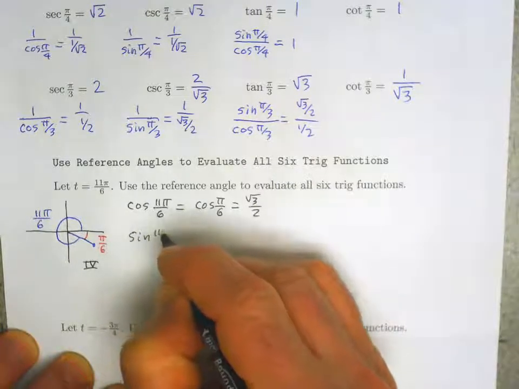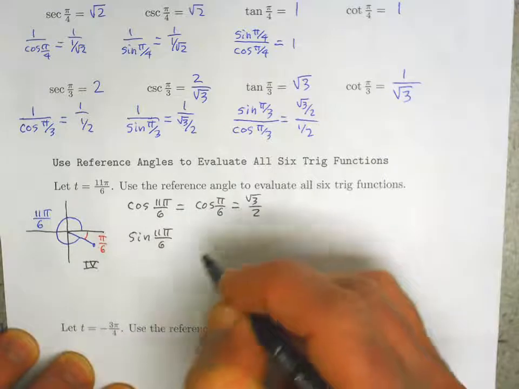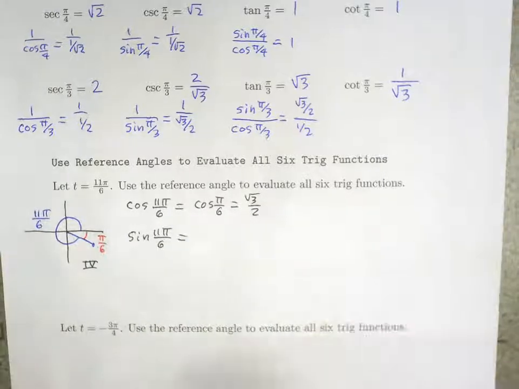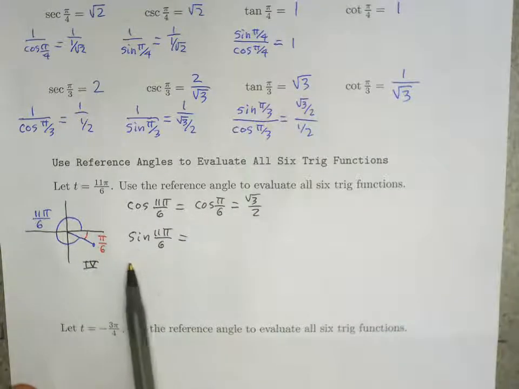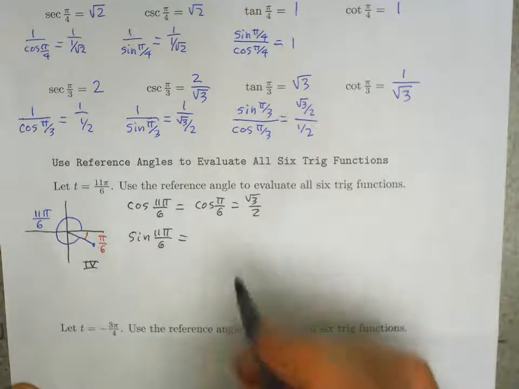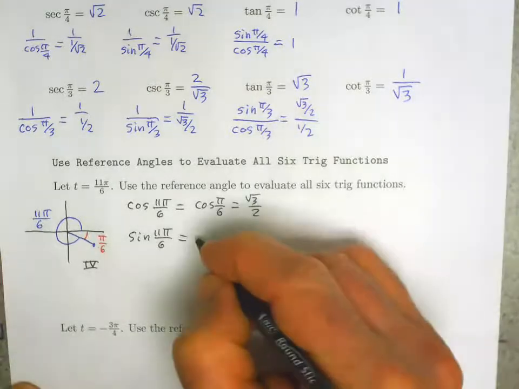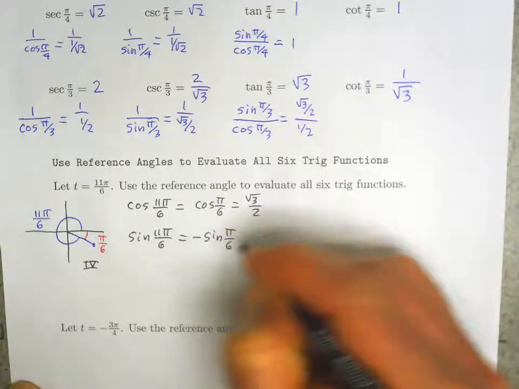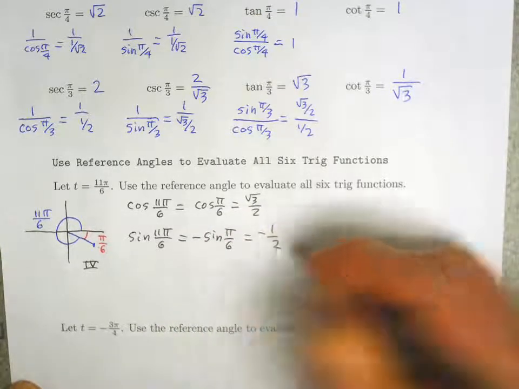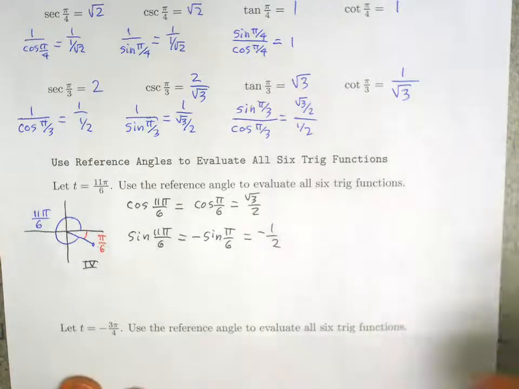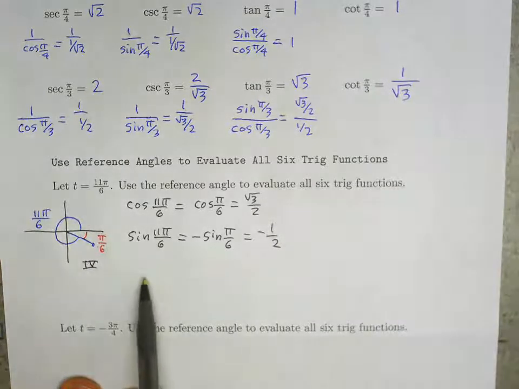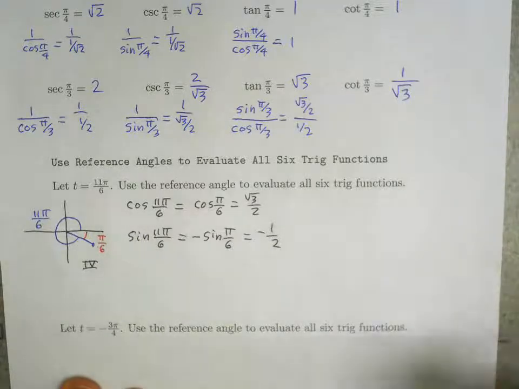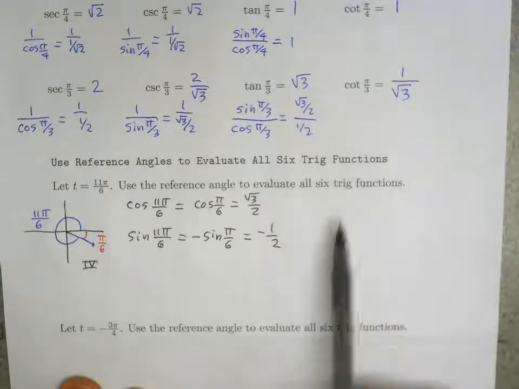Sine of 11 pi over 6, well, in the 4th quadrant, sine is negative, so sine of 11 pi over 6 is the negative of sine of pi over 6, or negative 1/2. Okay, and now we have enough information just by using sine and cosine of 11 pi over 6, we can determine what the other 4 trig functions are.